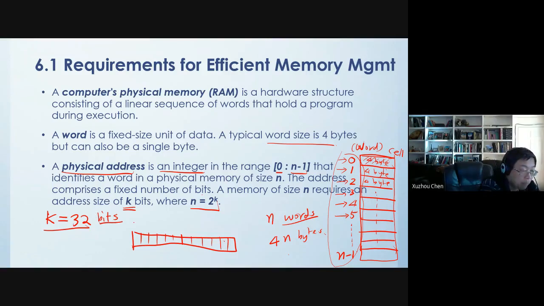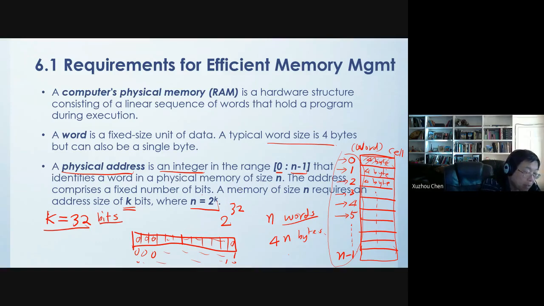With 32 bits, you can represent a number in binary as 0, 0, 0, a total of 32 zeros, then 0, 0, 0, 0, 1, that's 1, and 0, 0, 0, 1, 0. So you can start from all 0s all the way to 32 ones, and that's a total of 2 to the 32 different numbers.